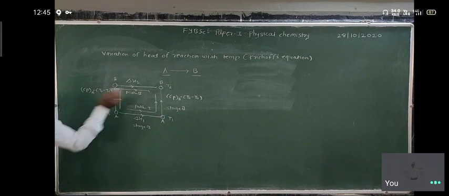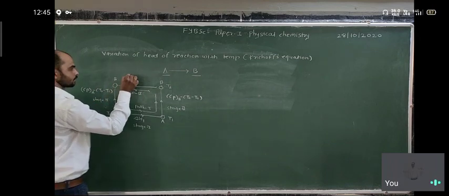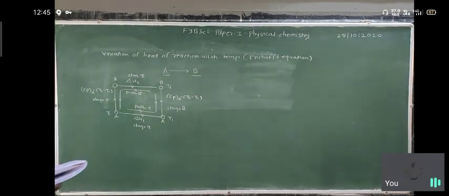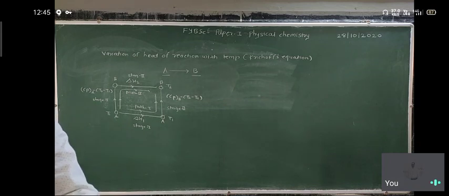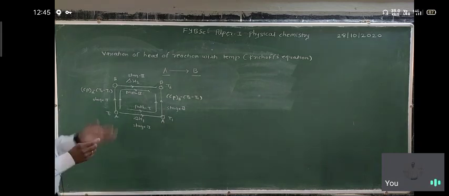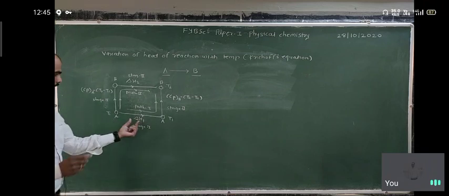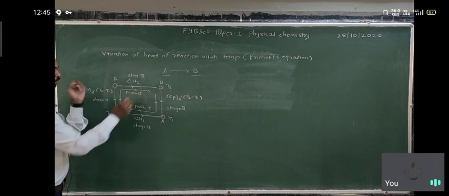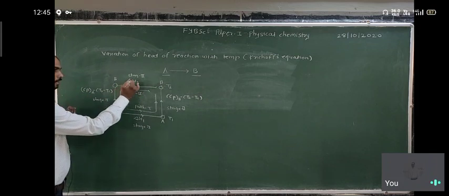For route 2, here is stage 1, here is stage 2. So we refer to this diagram. Basically, heat evolved at temperature T1 is considered as delta H1, and heat evolved at temperature T2 is considered as delta H2.